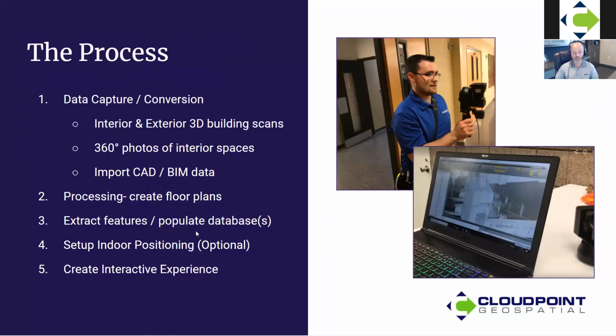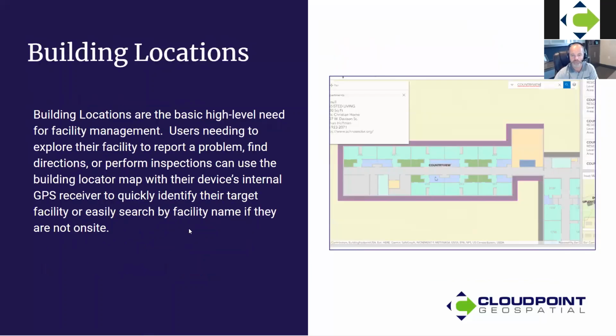If you have the details on your plumbing or electrical, we can put those into the system and you can interact with those internal systems in your buildings. Setting up the indoor positioning system would come later, after we extract and populate these databases. And then lastly, creating that interactive experience from the mobile apps and being able to engage with users.